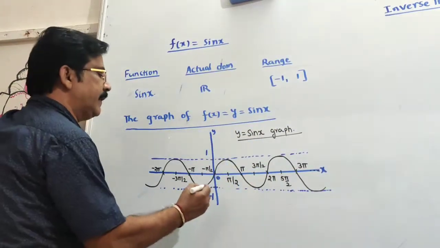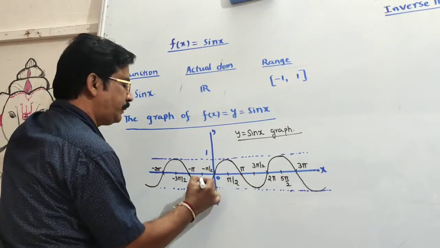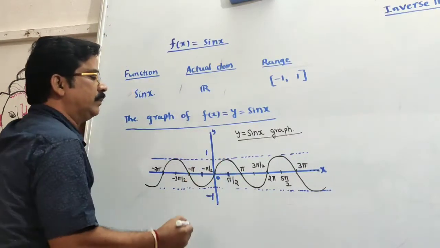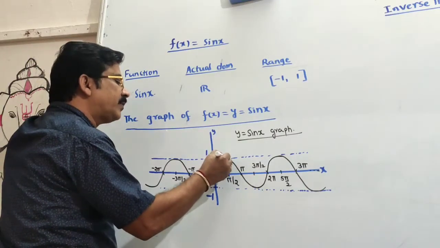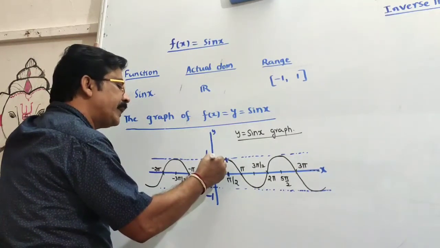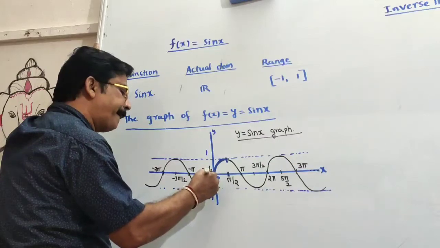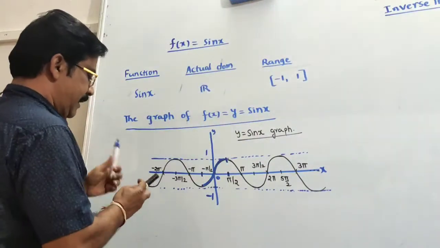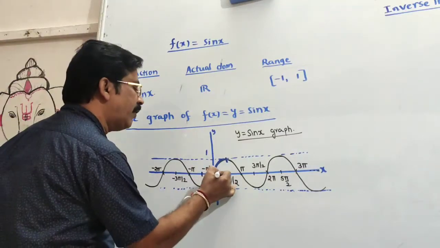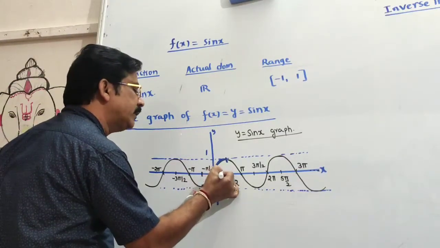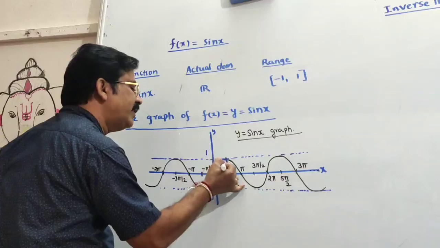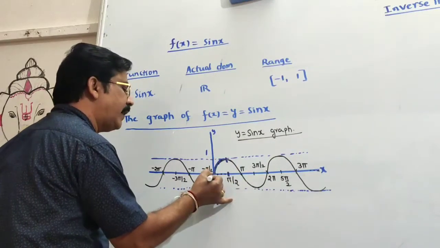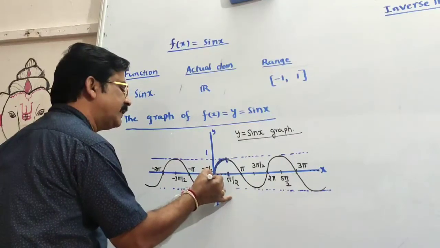Let us consider from minus pi by 2 to plus pi by 2, means this much of the curve. In this area, for different values of x, different y values are there.